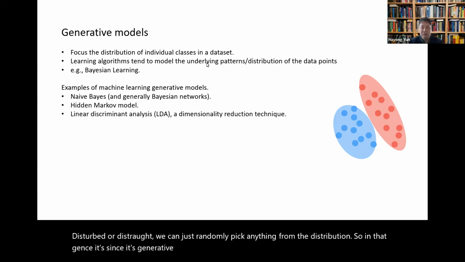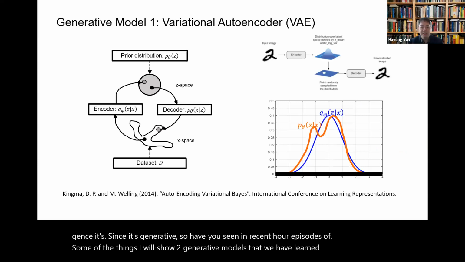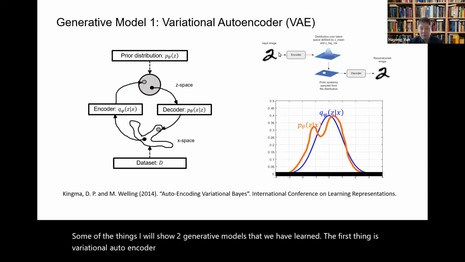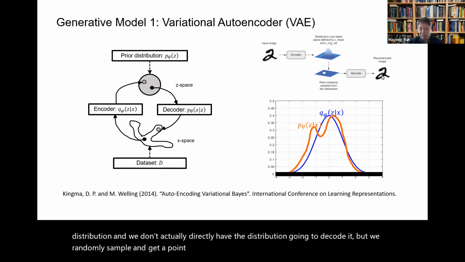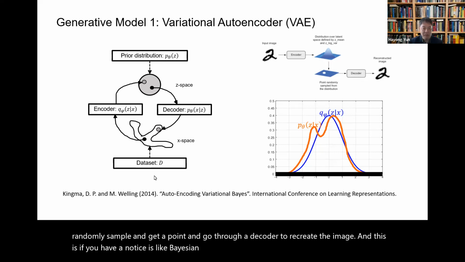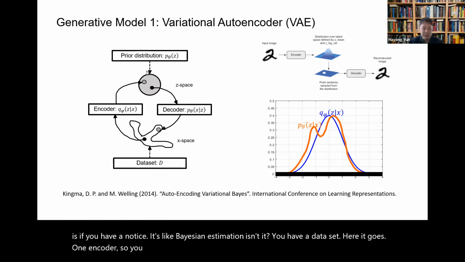Have we seen some of these in recent episodes? I will show two generative models that we have learned. The first is the variational autoencoder. I remember we have an image going into the encoder. We get a distribution, and we don't directly pass the distribution to the decoder, but we randomly sample a point and go through a decoder to recreate the image. This is, if you haven't noticed, like Bayesian estimation. You have a data set, it goes through an encoder, and you get the latent space, the posterior distribution, and then you go from that latent space through the decoder back to the data set.